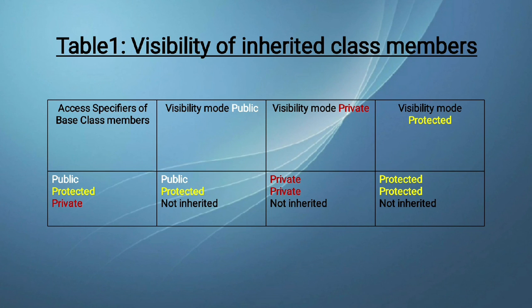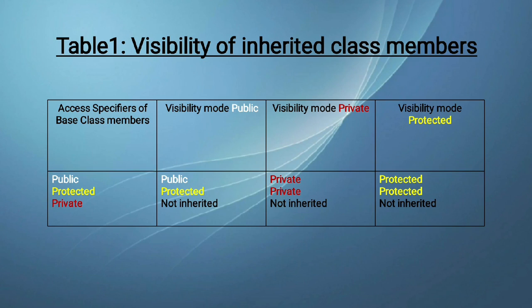Under the private mode, the protected will change to private. And under the visibility mode protected, it will remain protected. So you can see that in the public section, the protected does not change to public, but stays as protected only. And when the base class members are private, whether the mode is public, private, or protected, they cannot be inherited at all.